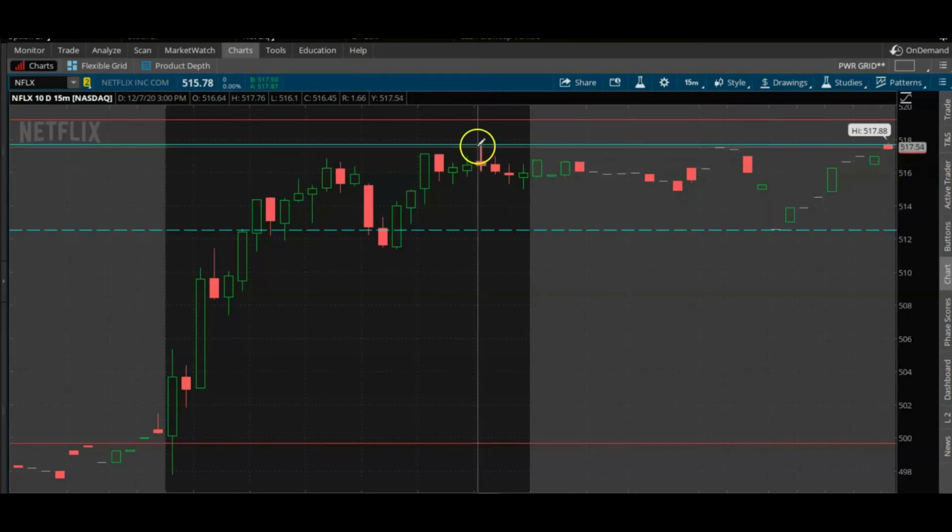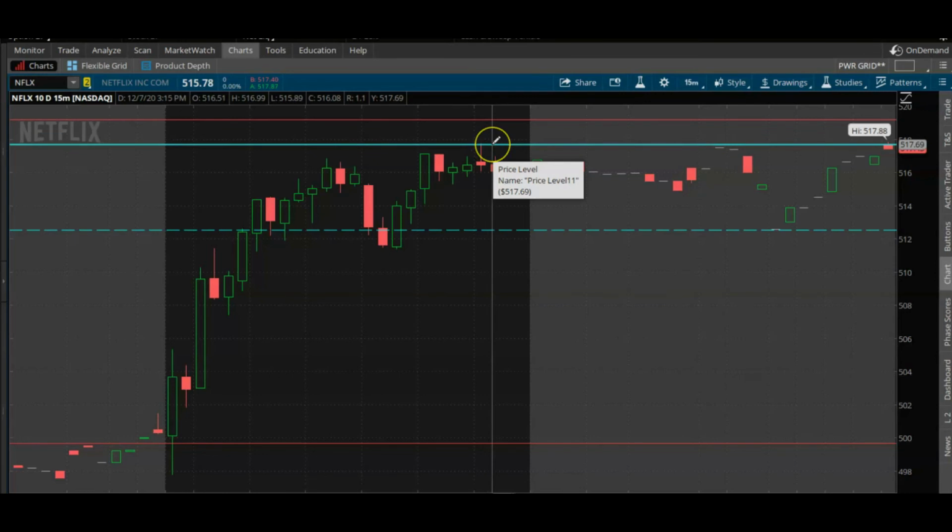For instance, with price approaching this blue level, we see a rejection of price. This green candle couldn't quite make it over. This candle was green, attempted to make it over, but again got rejected at this blue level. And through the day, price action could not get past this particular level. So this is a strong resistance level.